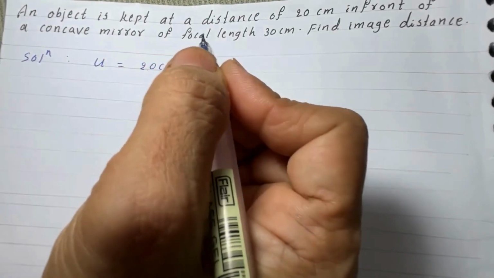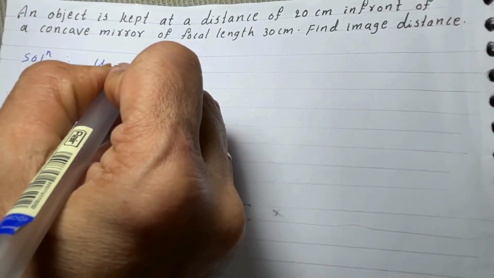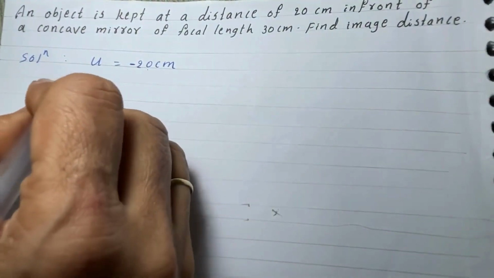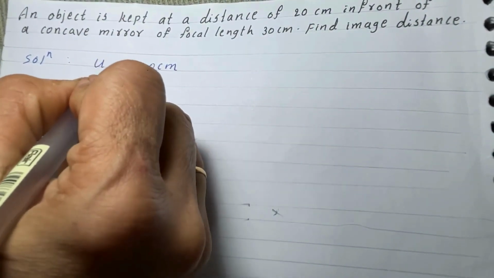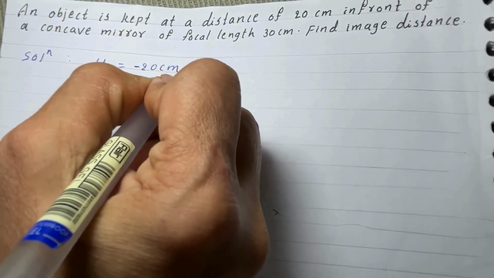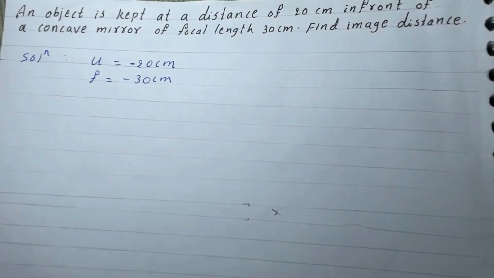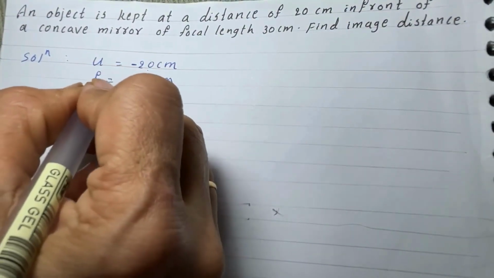Usually we keep the object in front of the mirror, left hand side, so we keep a negative sign. And focal length is 30 centimeters. It is a concave mirror, so focal length is minus. And what do we have to find?